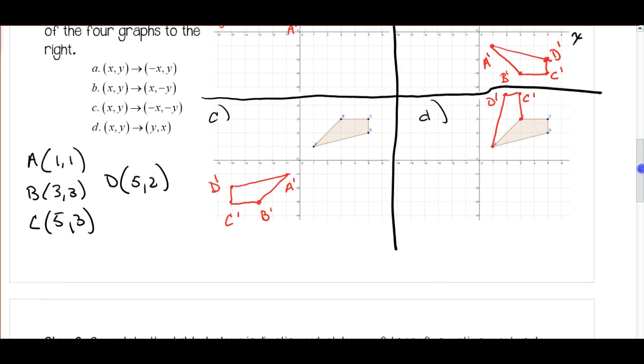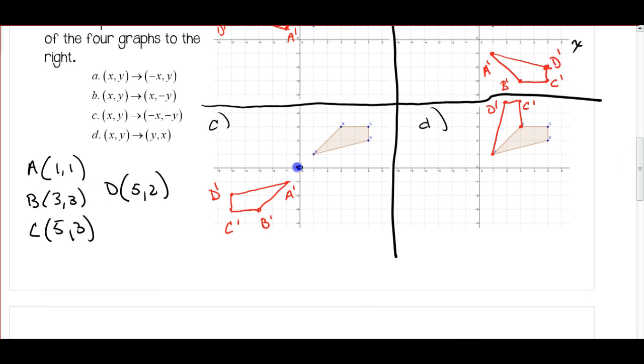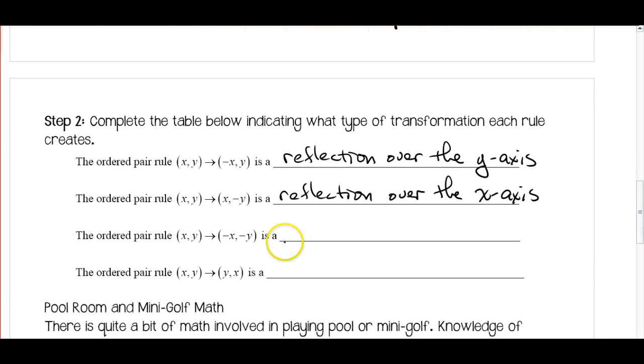That's called point symmetry, because really what we're doing is rotating the figure 180 degrees about the origin. So this is point symmetry, or we call it origin symmetry.